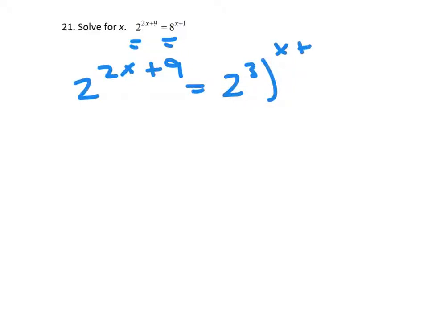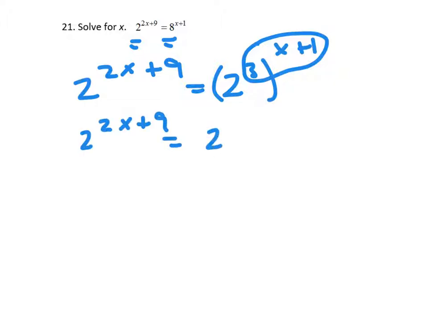In this case, they're asking us to solve, but what we notice is that the two bases are different. So the first work is to make the bases the same. 8 can be expressed as 2 to the third, and then this gets distributed. So you get 2 to the x plus 9 equals 2 to the 3x plus 1.